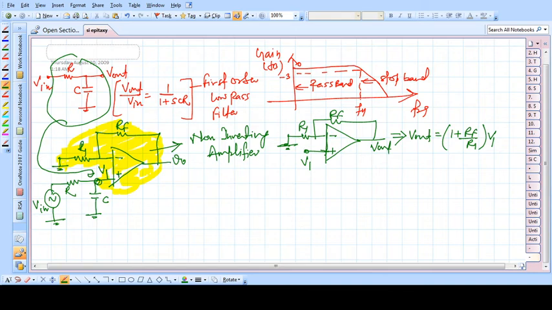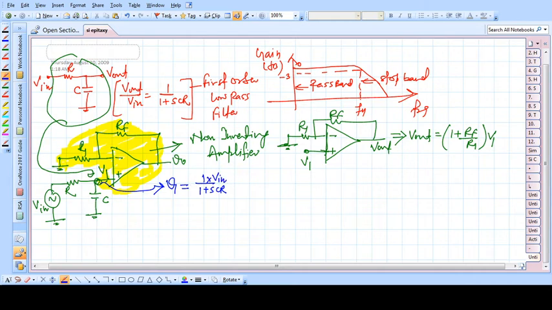Now for this RC, the V1 value is nothing but simply 1 by 1 plus SCR into V in.